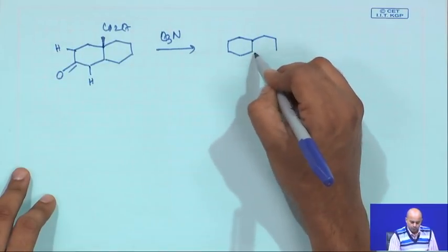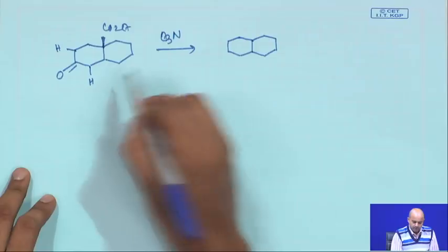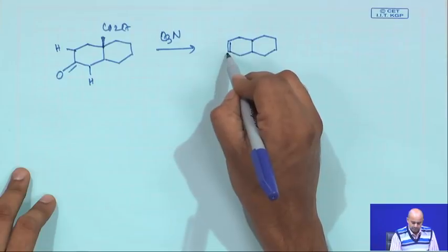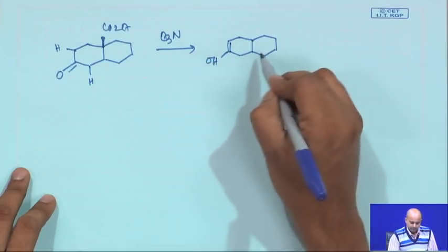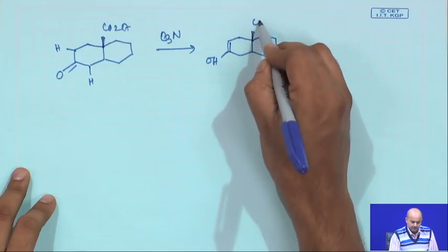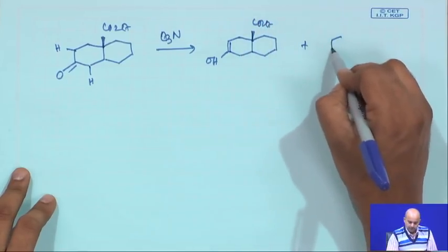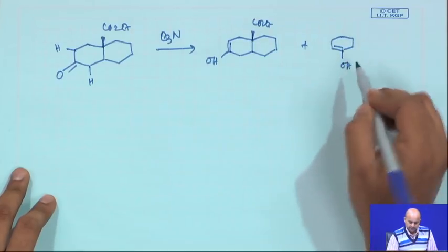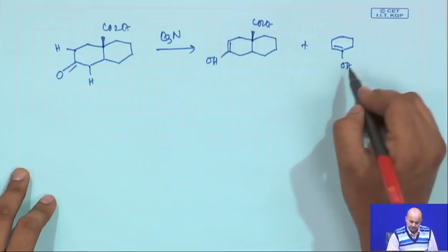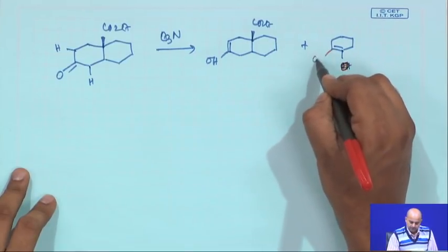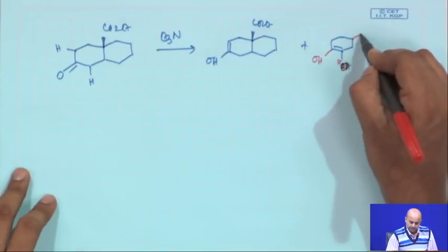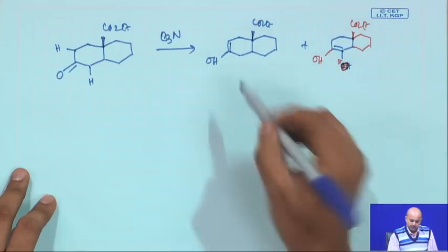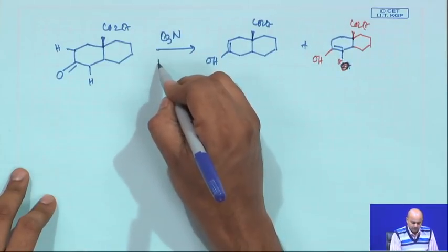So, in principle 2 enol ethers can be formed, either this enol where you have this CO2, or you may have this enol formation, where the double bond is here with a hydrogen. Now, this enol ether we have said we will be trapping with TMS chloride.